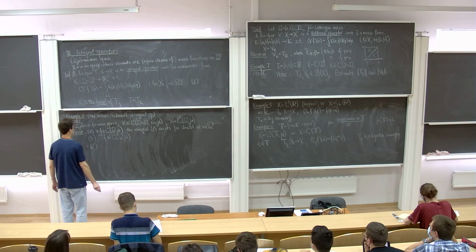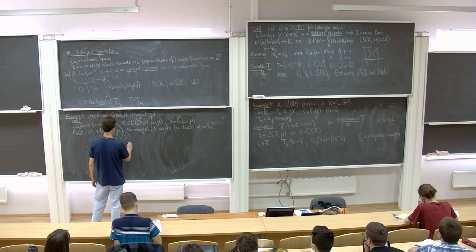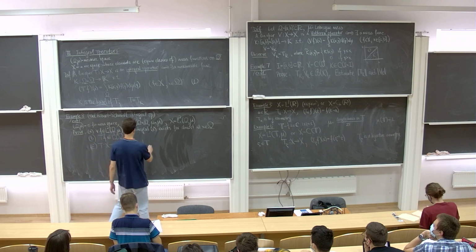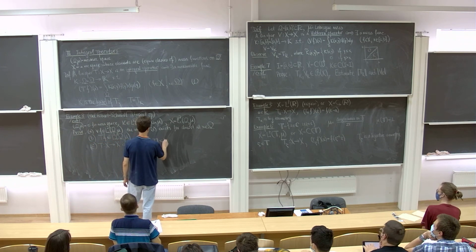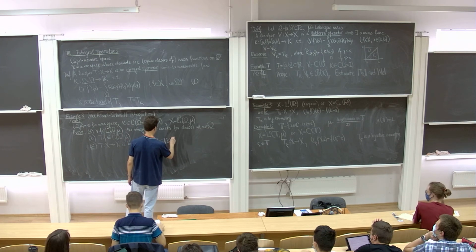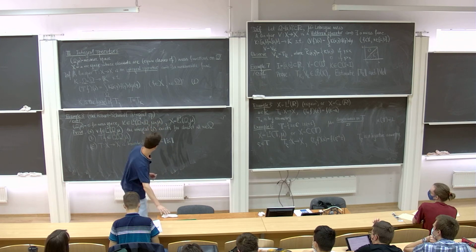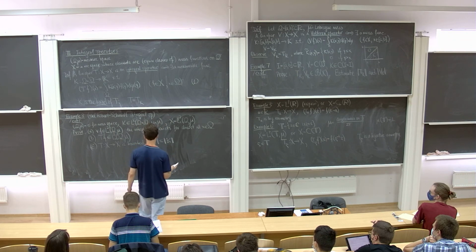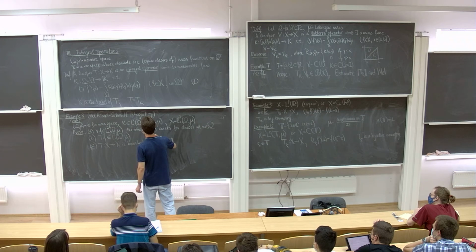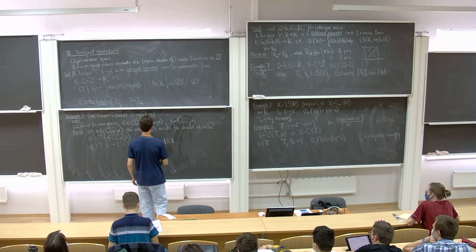And part 3, try to show that T is a bounded linear operator from L2 to itself, and that the norm of T is less than or equal to the L2 norm of K. This is true for any sigma finite measure space.